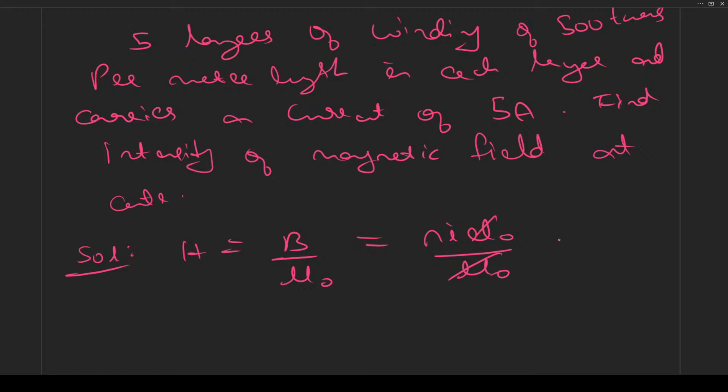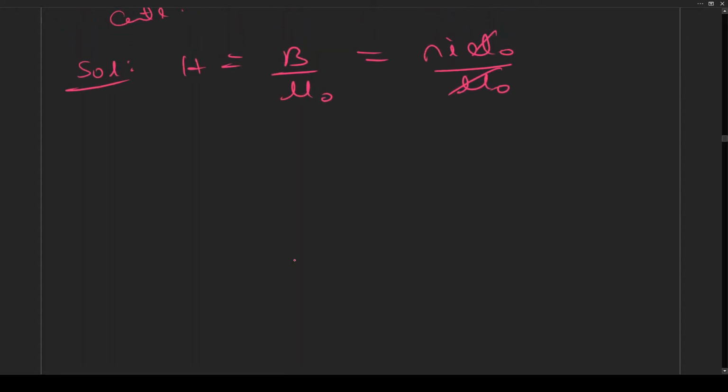And we will get N into I, which is 500. Since there are 5 layers of winding, we will get 5 times 500 times 5. This is the number of layers of winding. This is the number of turns per unit length. This is the current.